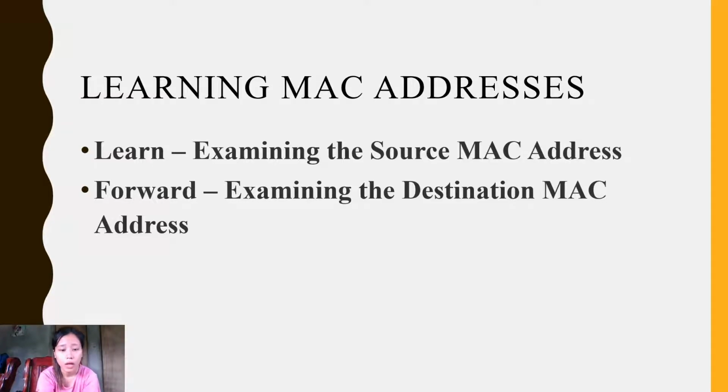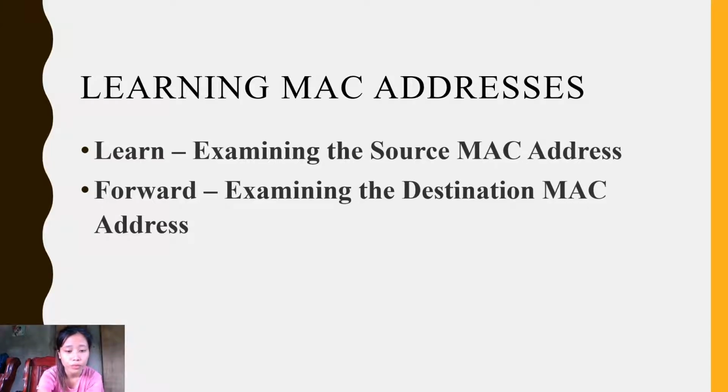Every frame that enters a switch is checked for new information to learn. It does this by examining the frame's source MAC address and the port number where the frame entered the switch. If the MAC address does not exist, it is added to the table along with the incoming port number.